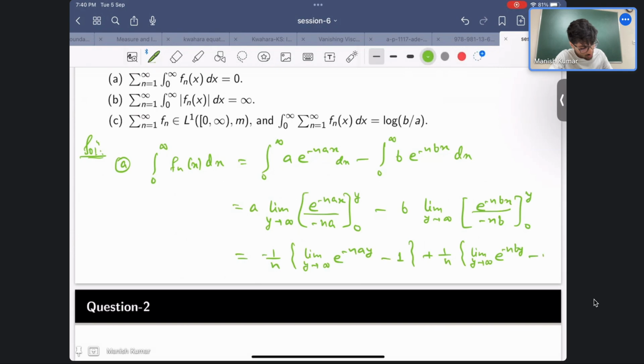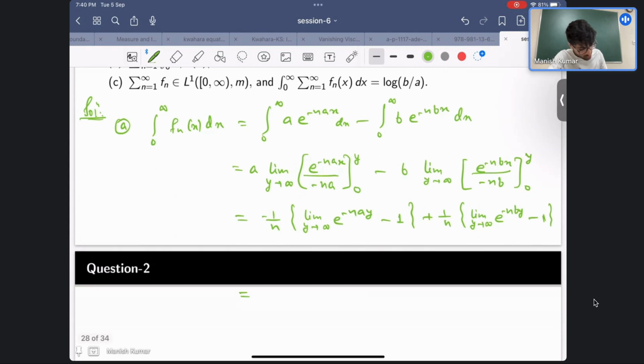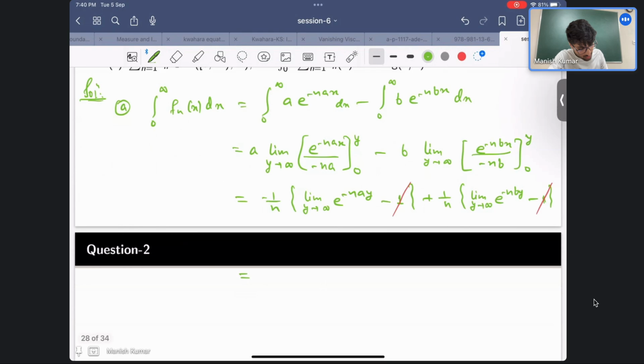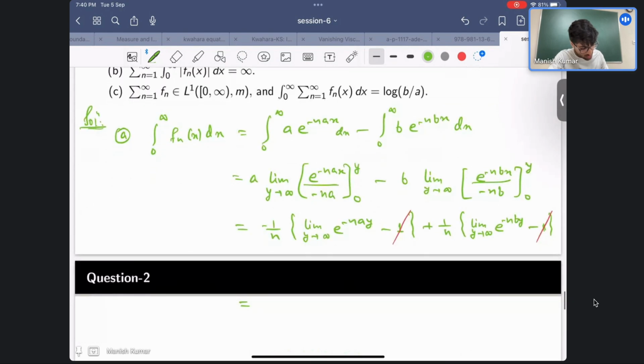Now this plus 1 by n will cancel with this minus 1 by n, so eventually this term will go away. What you have is this one. As y goes to infinity, here a is positive, right? And b is also positive. Since a and b are positive, as y goes to infinity, the exponential goes to 0.